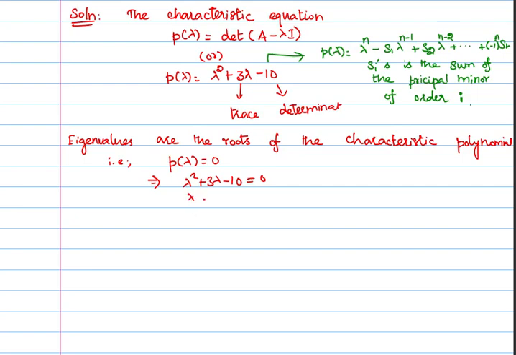This is nothing but lambda plus 5 times lambda minus 2 equal to 0. This implies lambda equal to minus 5, 2.